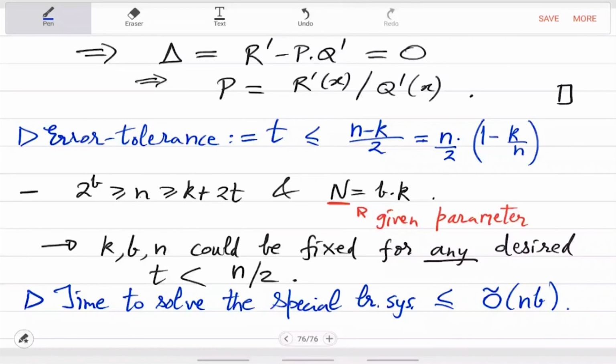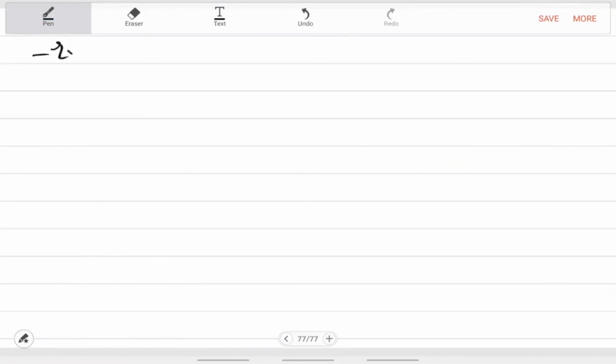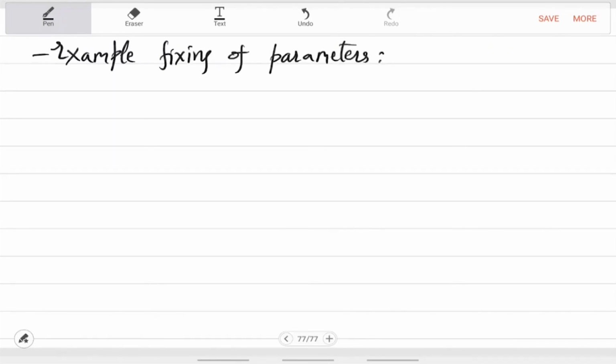Any questions? Yeah, so let me just give an example fixing, then we can stop. So you can take b to be log n, k to be n over log n, and little n to be n.